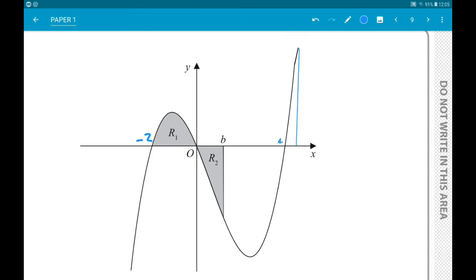Now, what part C is telling us also is that if we did the integral from minus 2 to 5.442, we would also get 0. So what this means is that the area above the x-axis and the area below the x-axis between minus 2 and 5.442 are the same.